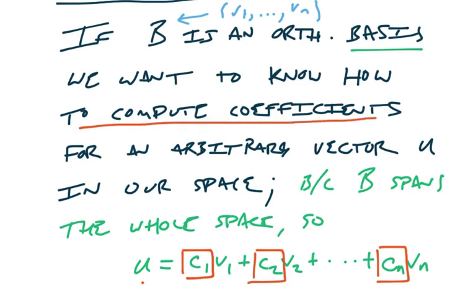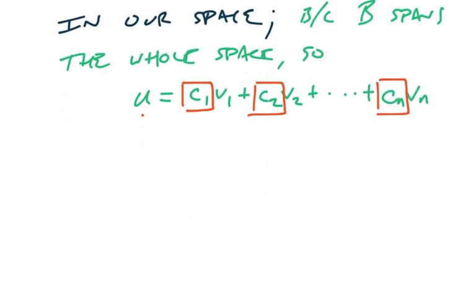Okay, so this is the general idea, and so what we want to know here is, how do we actually compute these coefficients? Because any vector in the space can be decomposed, either deconstructed or reconstructed, using the coefficients. The entire question, as far as we're concerned, becomes, how do you actually calculate these coefficients? So, we're supposing that we've got an orthogonal basis, and I'm going to use that to our advantage.